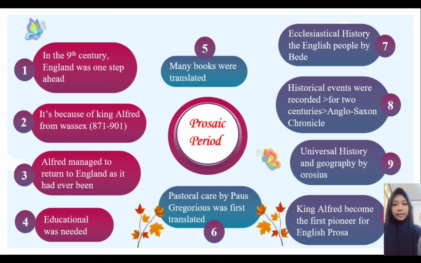And number 10, Consolation of Philosophy by Boethius. This work of philosophy was very, very popular. And number 11, in the end, King Alfred became the first pioneer of English prose.